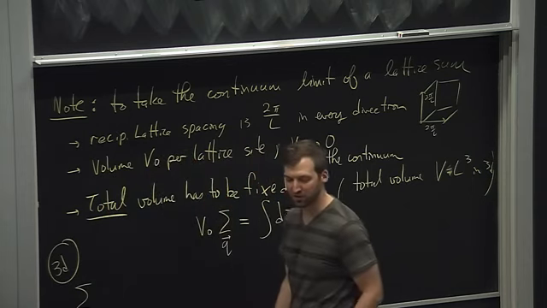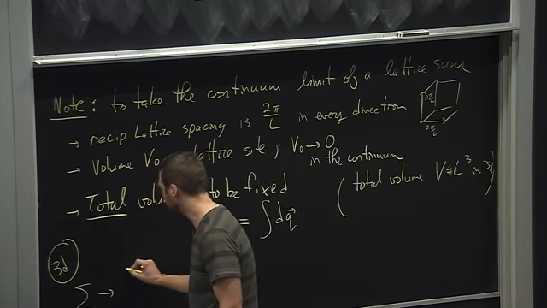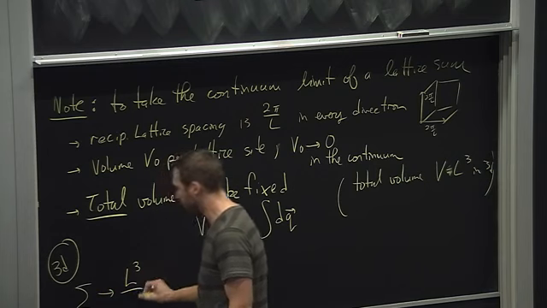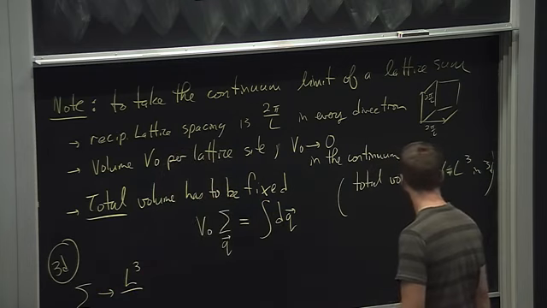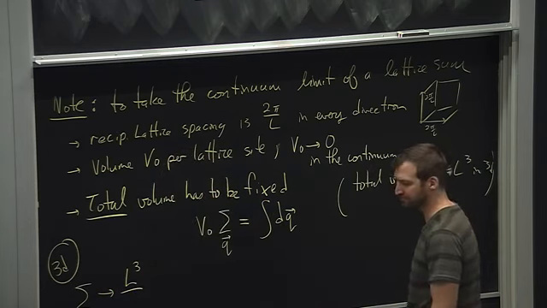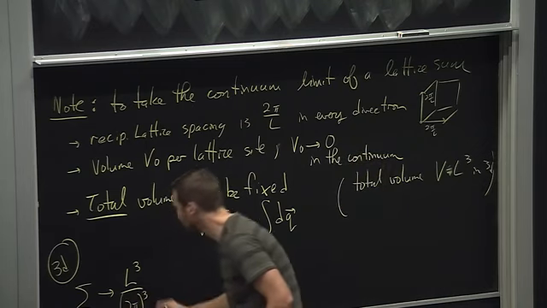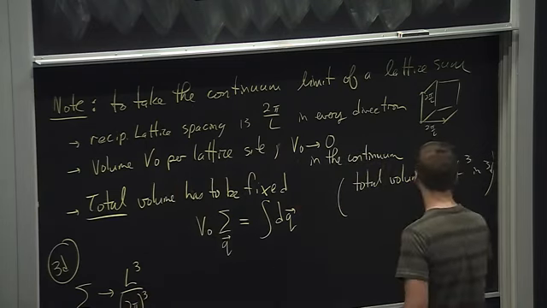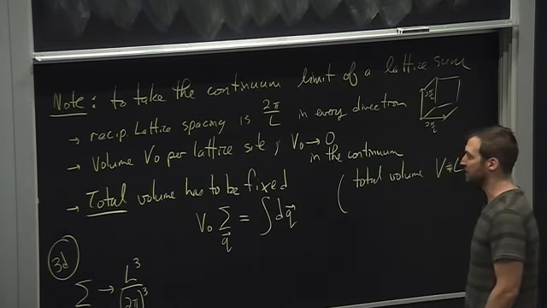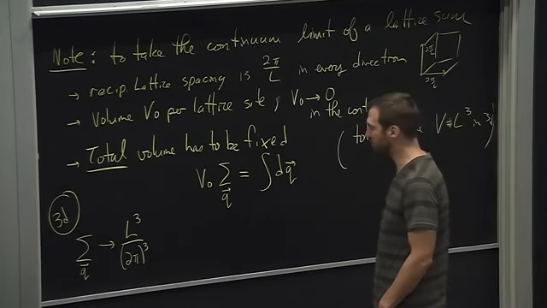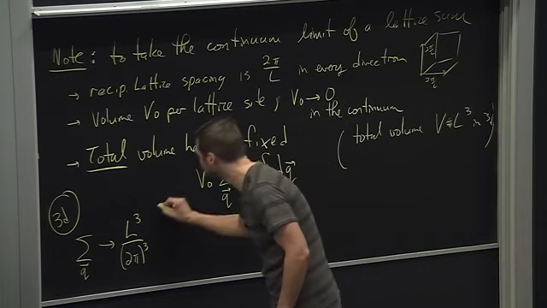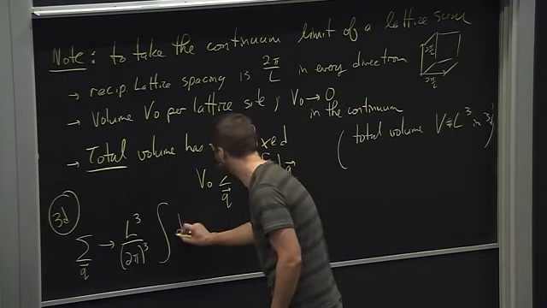So the sum over Q just goes to the volume over 2 pi cubed times the integral. So it's reciprocal lattice spacing. That's just a V naught. And then the integral, so V naught dq.